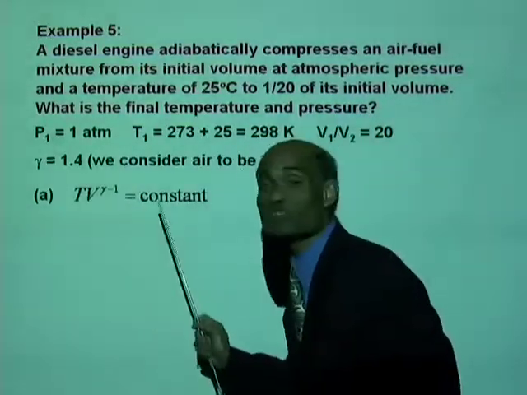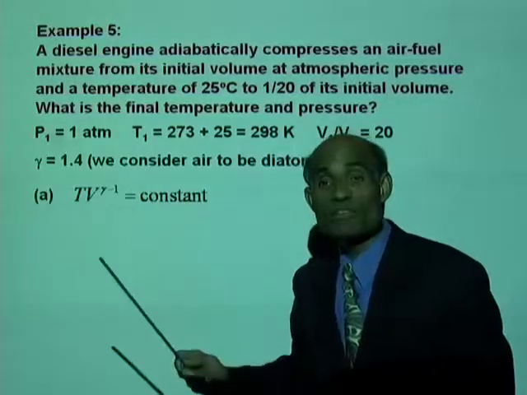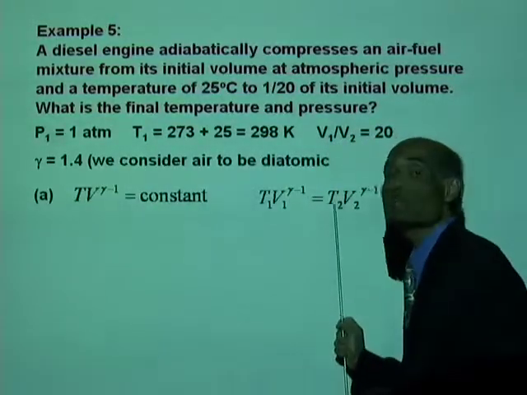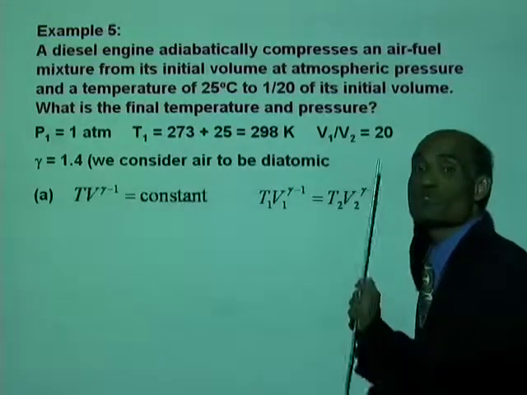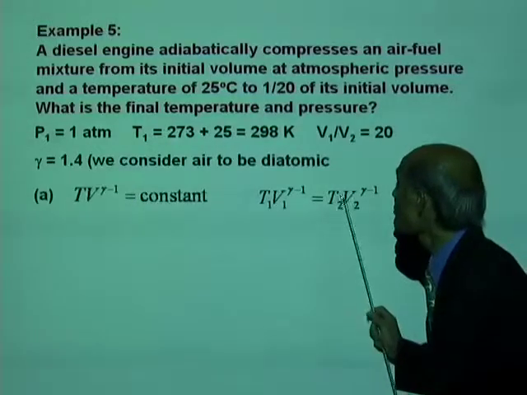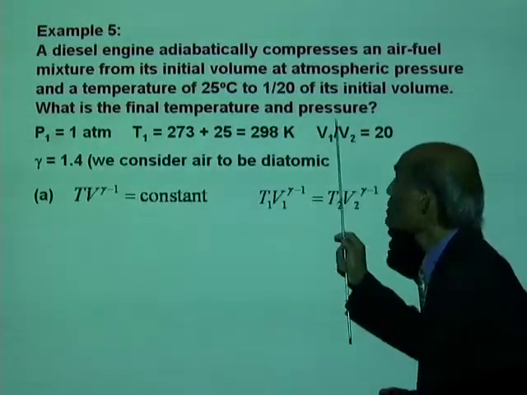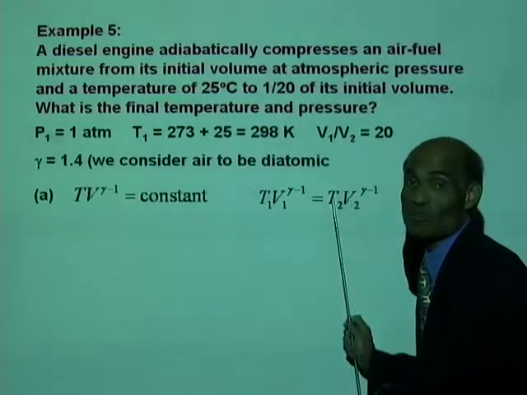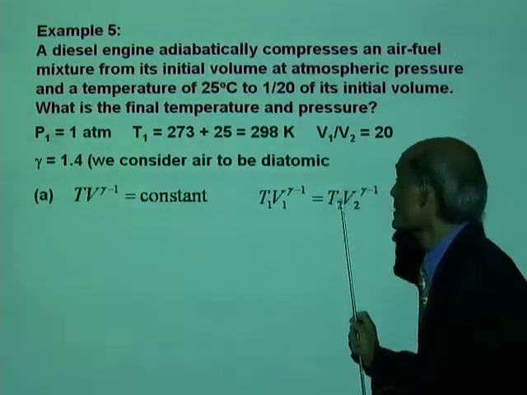And what does this equation mean? It means T1 V1 to the power of gamma minus 1 equals T2 V2 to the power of gamma minus 1. And we need to write this equation so that it contains V1 over V2. You know how to do that, is that right?